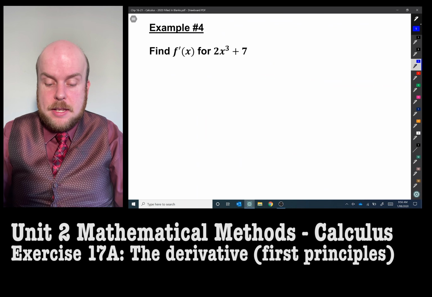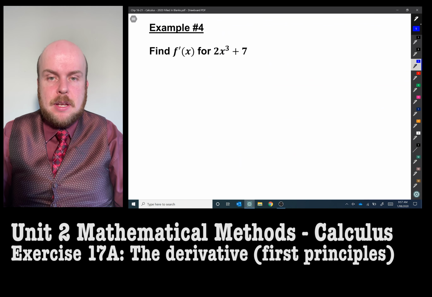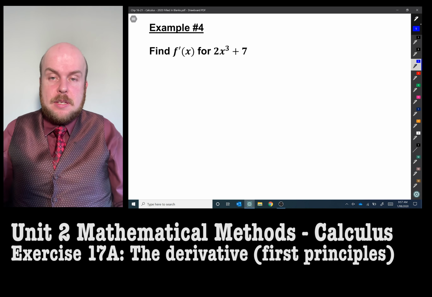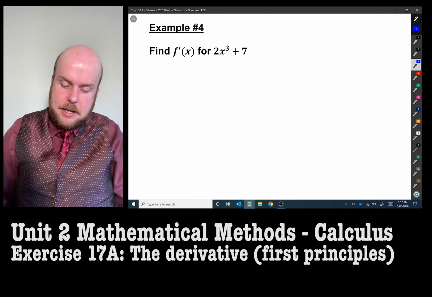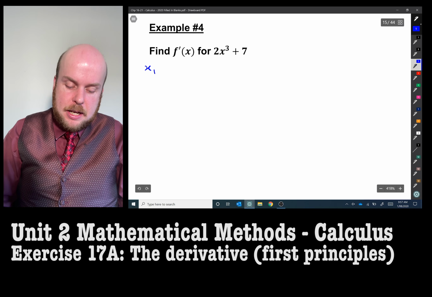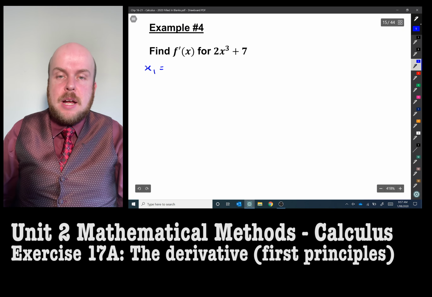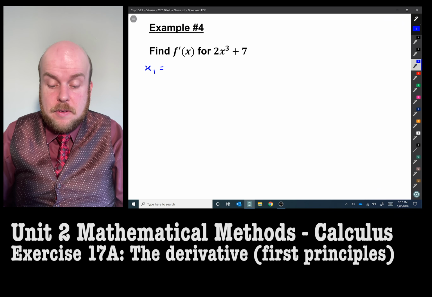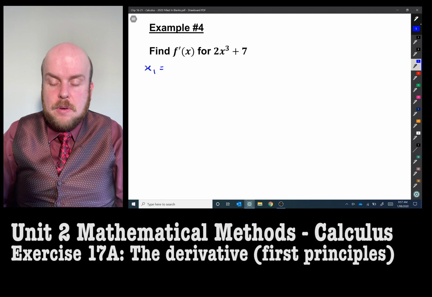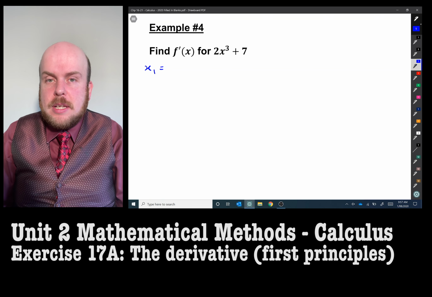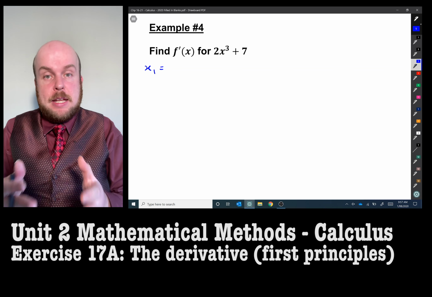Example 4: find the derivative for 2x cubed plus 7. This will take a little bit of work, but that's okay. This is not asking for a specific point, it is just finding the derivative. You'll notice that it doesn't say when x equals 4, or when x equals 1.